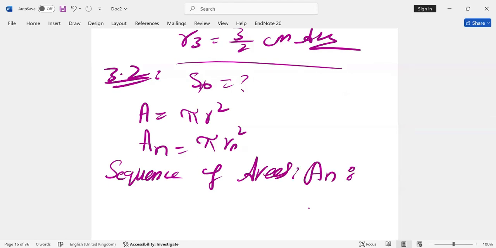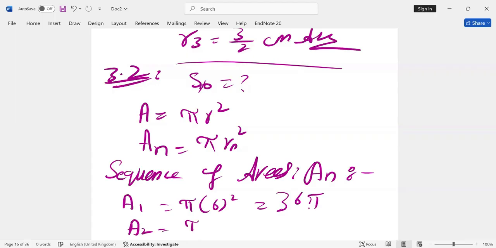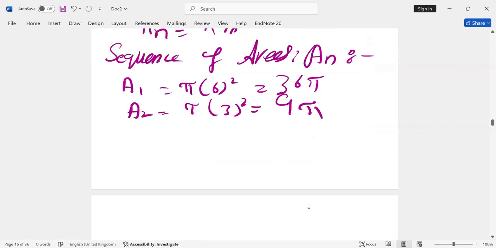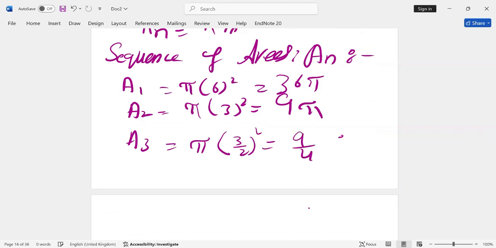We have a1 equals pi into 6 square, which equals 36 pi. We have a2, pi into 3 square, that equals 9 pi. We have a3 equals pi into 3 by 2 whole square, that equals 9 by 4 pi. So this is a new geometric series.